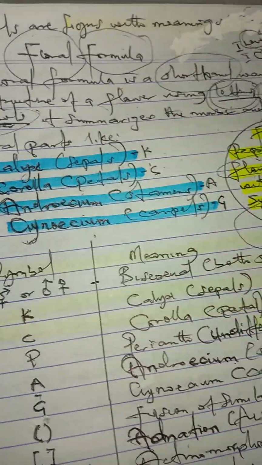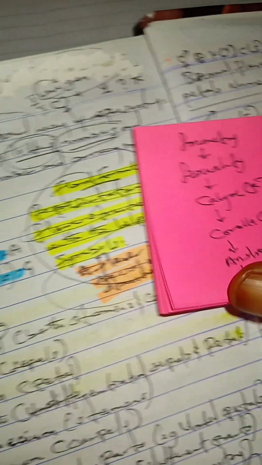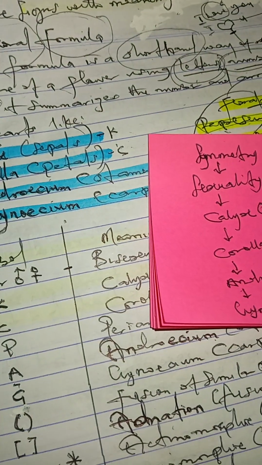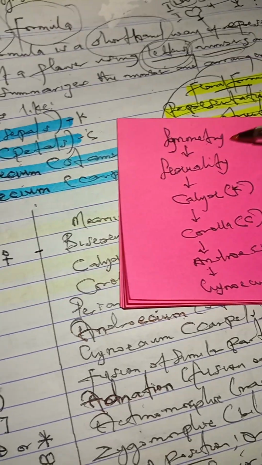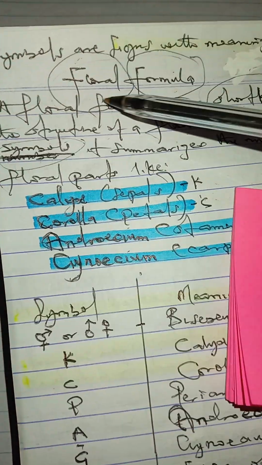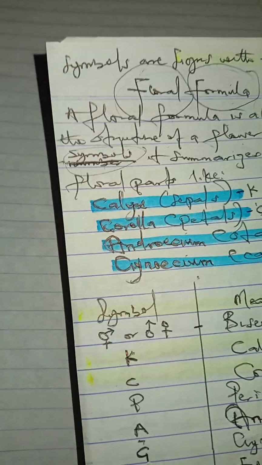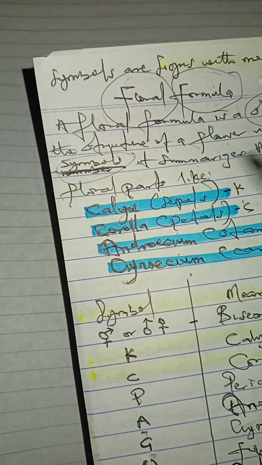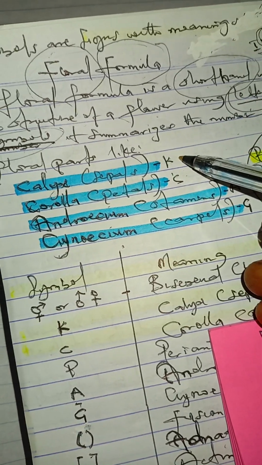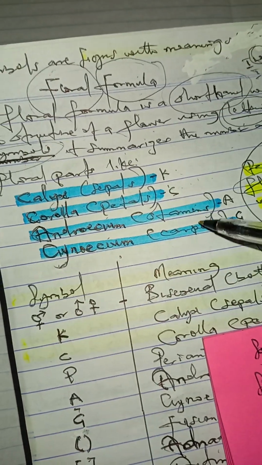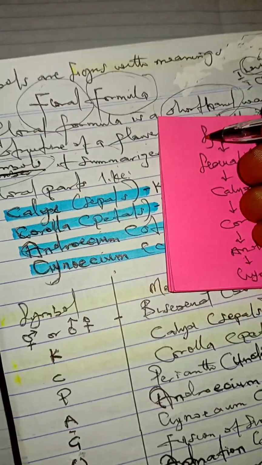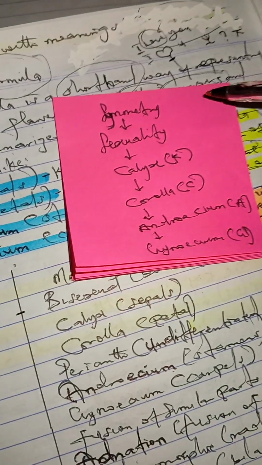Now, what this means is this happens to be the law. This is the hierarchy by which you represent floral formula. It summarizes the number and arrangement of floral parts, from calyx to corolla to androecium to gynoecium. So this is the general order of representing it.